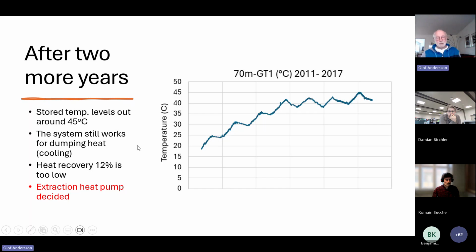But the system works beautifully in dumping heat. But it was when it comes to the recovery that it didn't work. So an extraction heat pump was decided.